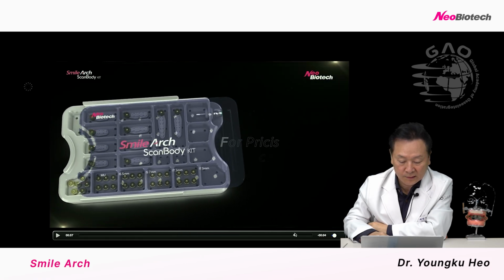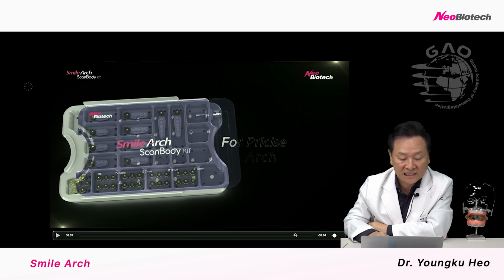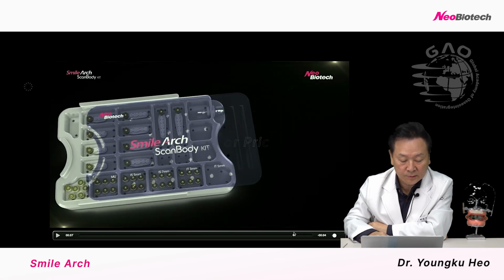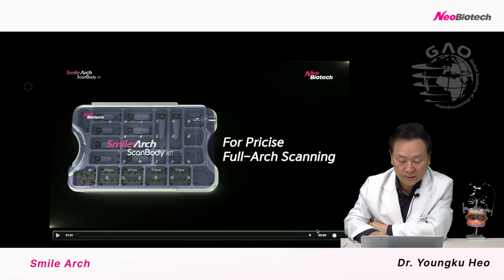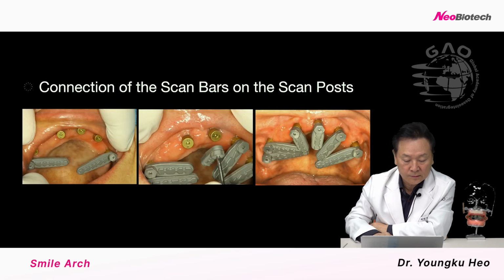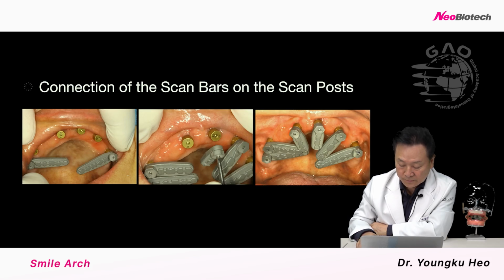So we have the SmileArch scan body kits. I'm going to do a hands-on with it. As you see, this is a clinical case with 6 upper implants. We put the scan post on the implant itself or on the multi-unit abutment.